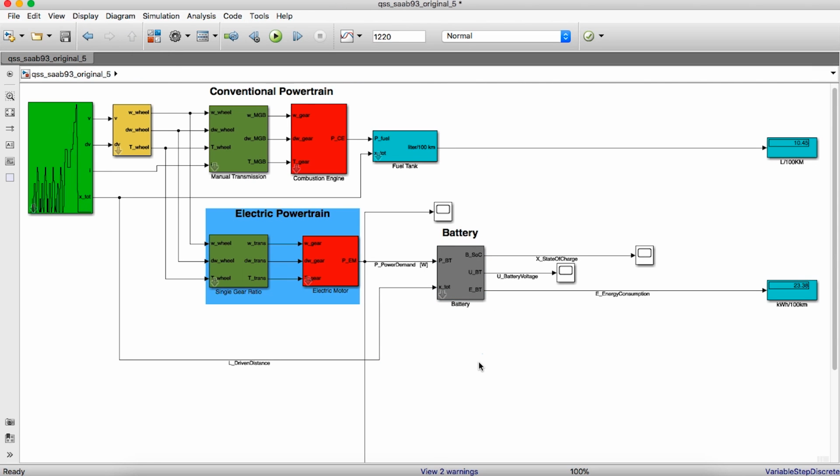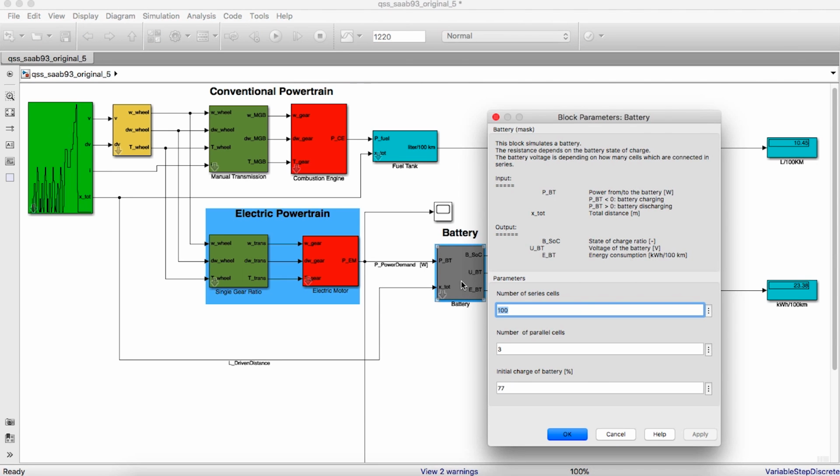Let's look at the parameter settings of the battery. We talked about number of cells in series and number of cells in parallel. Together, they will define the energy content of the battery. In this case, 100 times 3 and 100 watt hours per cell will be 30 kilowatt hours.